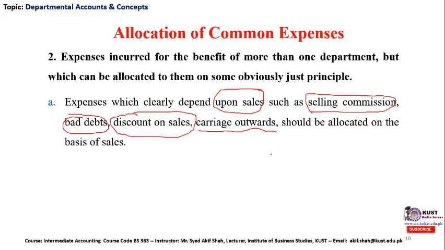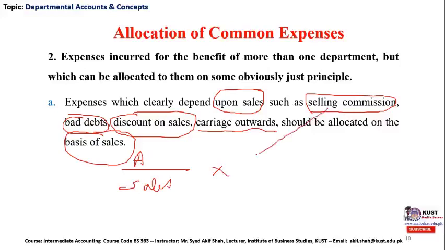Such expenses should be allocated on the basis of sales of the specific department. So we have to calculate the ratio of the sales of Department A with respect to the overall sales of the company, and this ratio will enable us to multiply the specific expense.